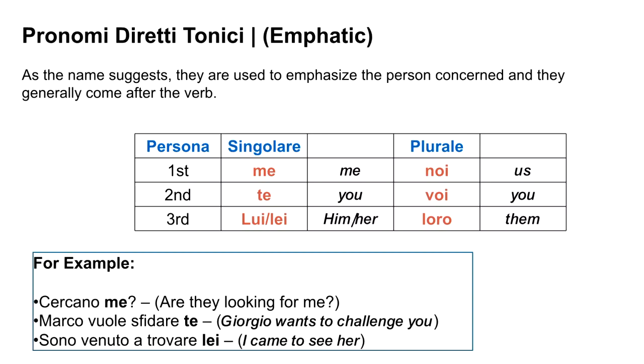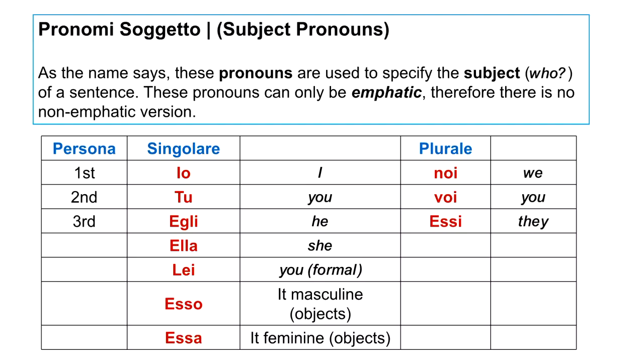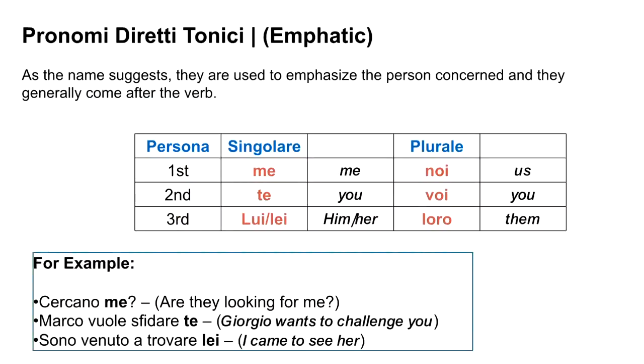That's why I don't like when textbooks list the pronomi soggetto, the subject pronouns, as io, tu, lui, lei. It's wrong for this reason. It's wrong and it's confusing because the third person is lui and lei, okay?